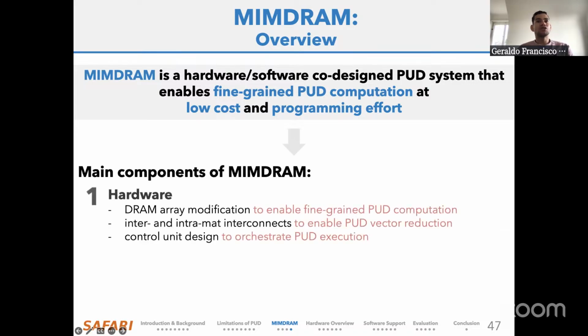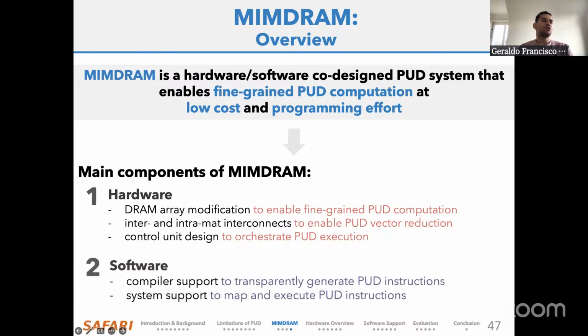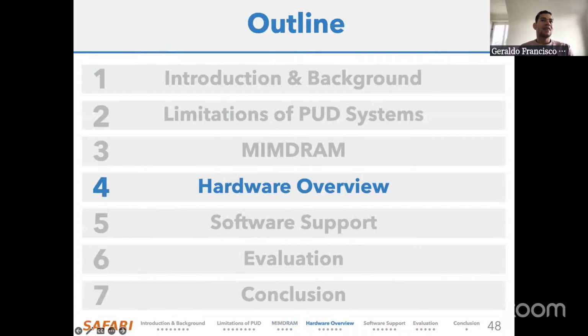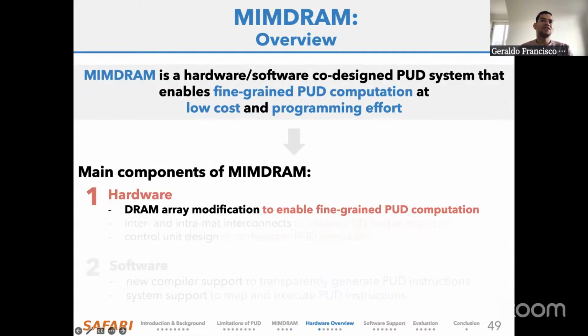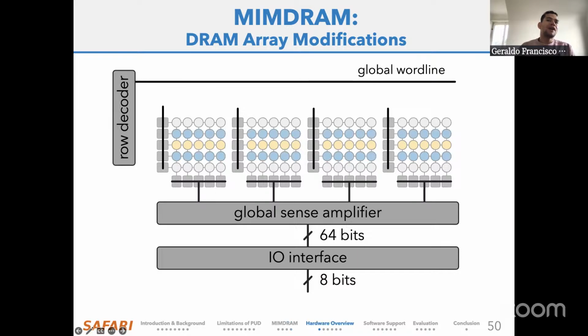MIMDRAM constitutes hardware and software components, which I'm going to elaborate next. Let's start with MIMDRAM's hardware overview, starting from its DRAM array modifications for fine-grained process using DRAM computation. We modify the DRAM array circuitry with four main components.